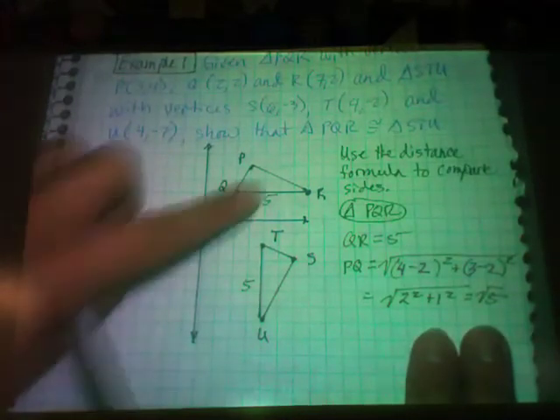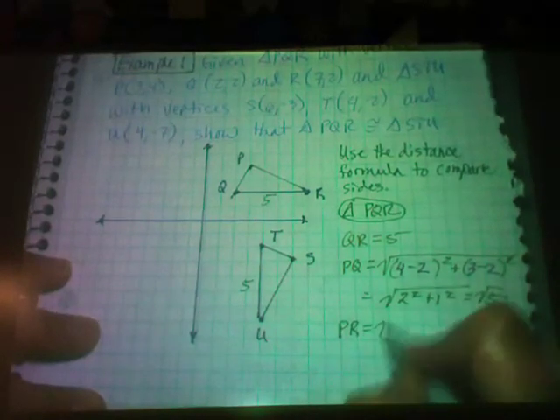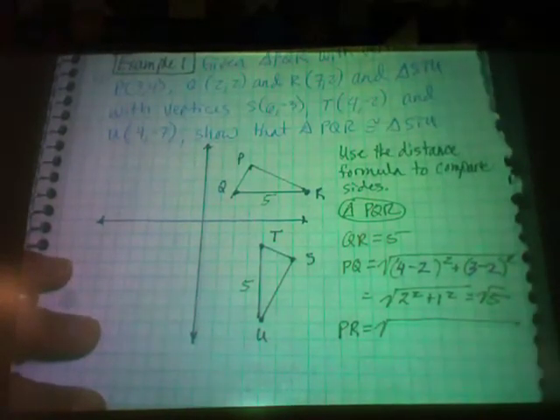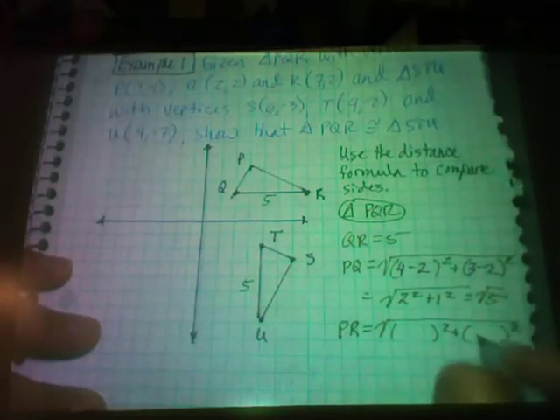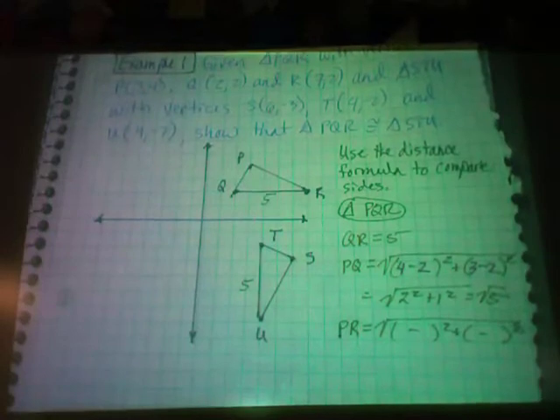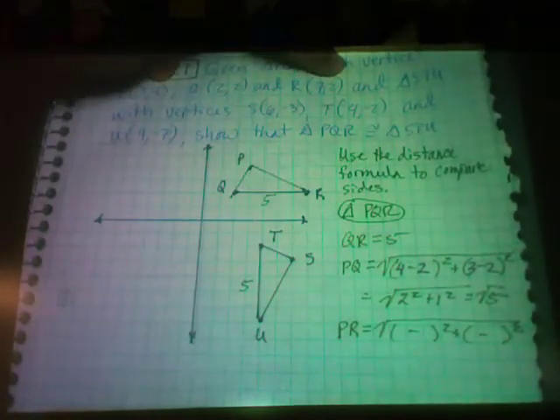All right, then the last one is PR for that triangle. So same template. My points for P and R, my y values again are 4 and 2.